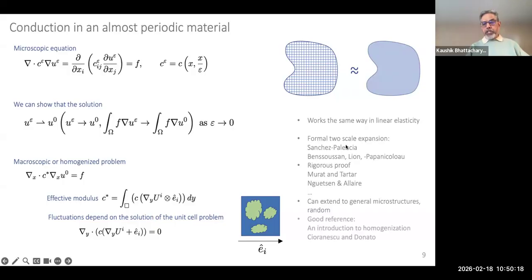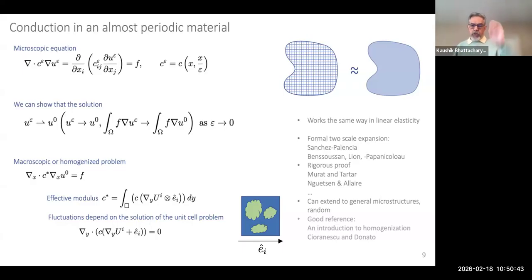So the formal two-scale expansion goes back to Sanchez-Palencia, and then there's a very nice book by Bensoussan, Lions, and Papanicolaou. There are various versions of the rigorous proof. And as I said, you can actually extend this to random microstructure. I should have mentioned that is Hashin, Shtrikman and Willis.